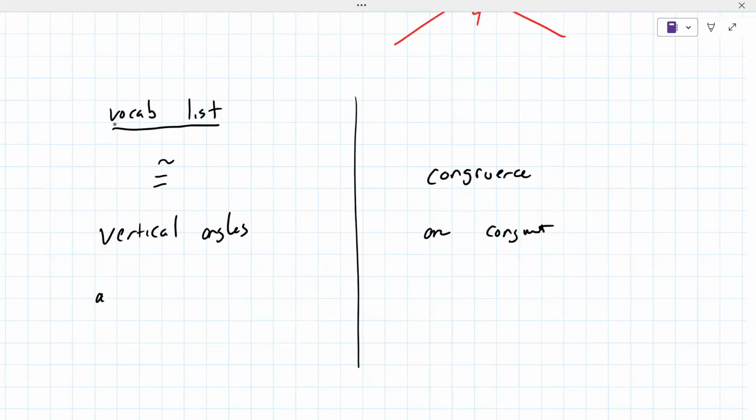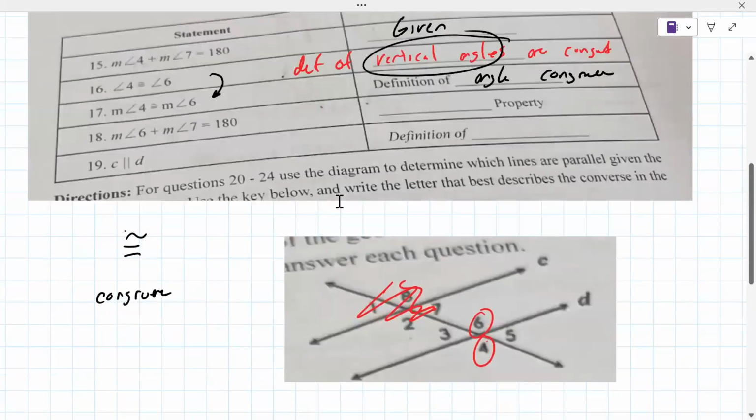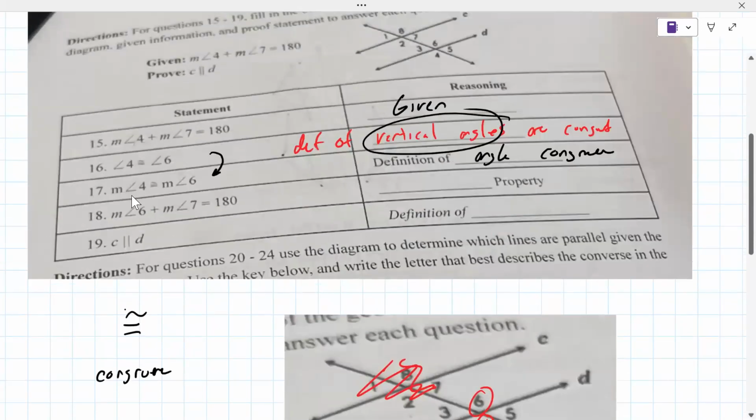You mentioned alternate interior angles. You have to almost have note cards, something where you're constantly looking at these things to be able to know what they are. It's more about the words than the actual math, which may be different. You may be used to just solving the equation, and there's a little bit of that, but with these proofs, it's all about just the right words.